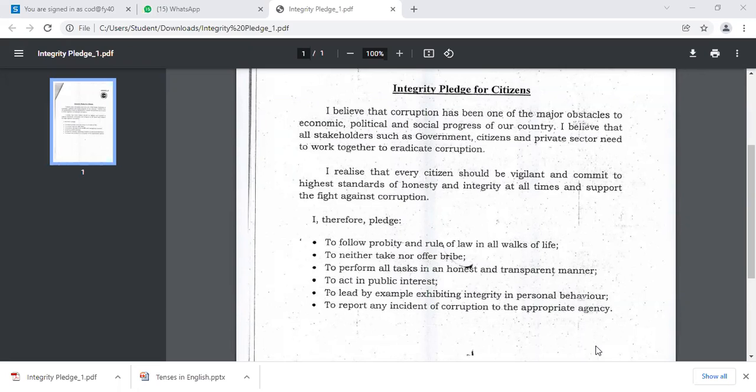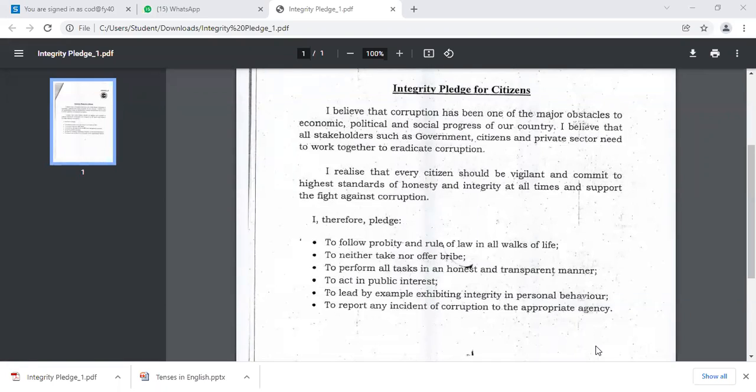I believe that all stakeholders, such as government, citizens, and private sector, need to work together to eradicate corruption. I realize that every citizen should be vigilant and commit to highest standards of honesty and integrity at all times and support the fight against corruption.